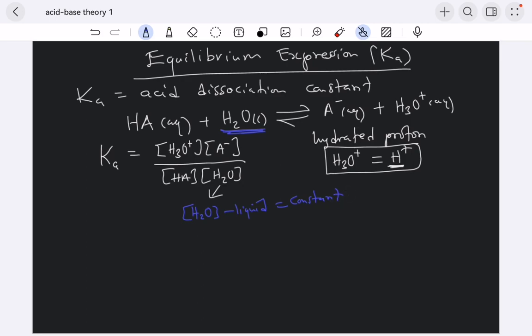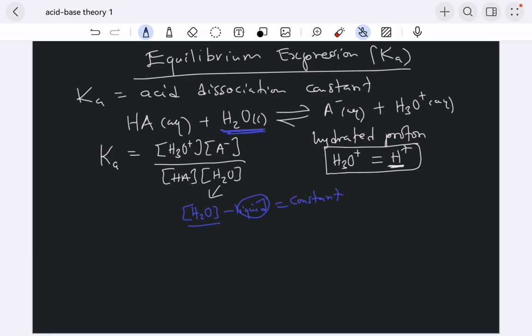When this concentration is constant, we do not include it in the equation because it remains essentially constant.